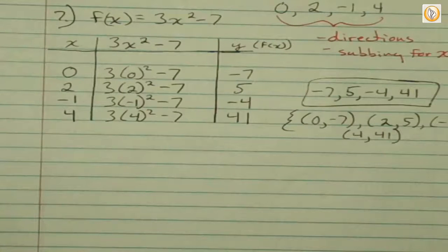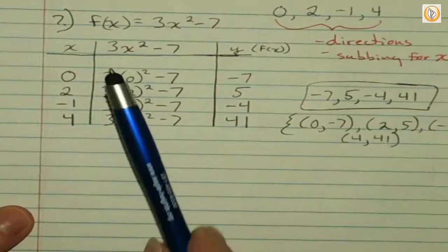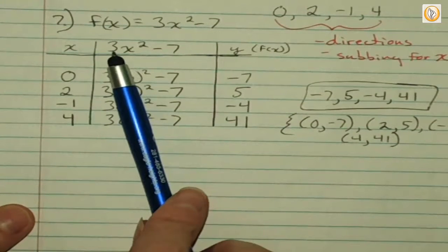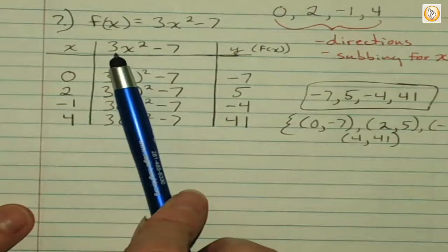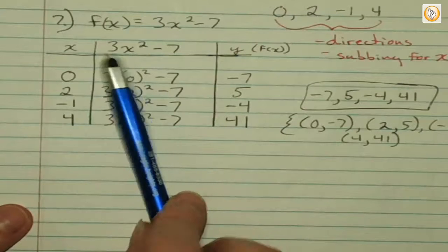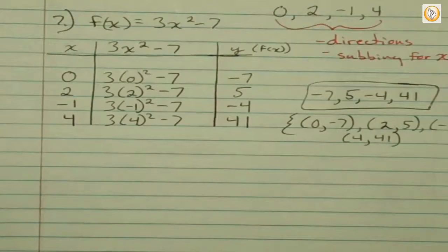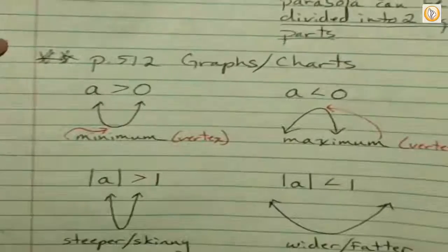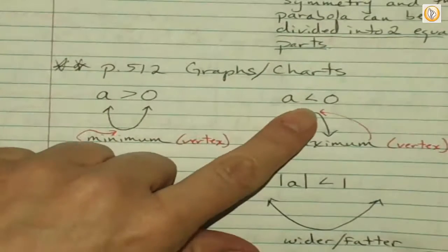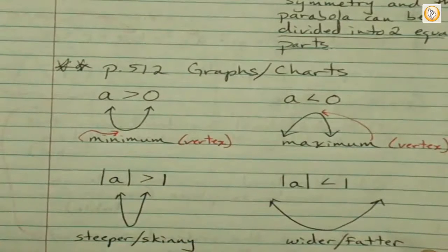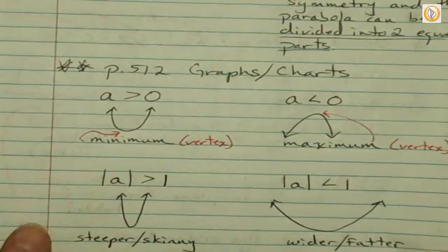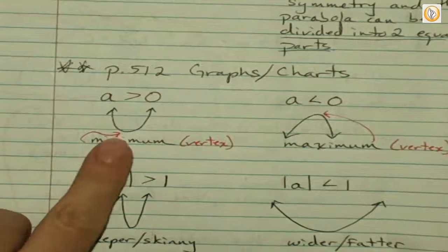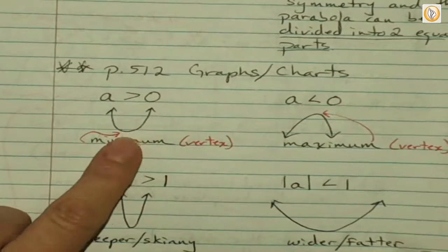It's a parabola. Okay, so my question to you is, here's A, correct? It's 3, correct? Is that greater than 0 or less than 0? Greater than 0. So then, what kind of graph would it be? A smiley face. Minimum. Right?